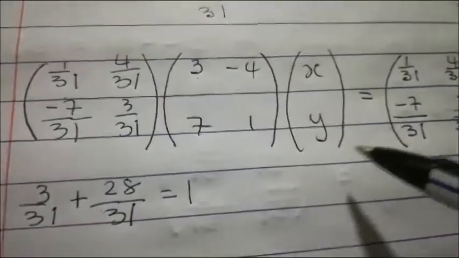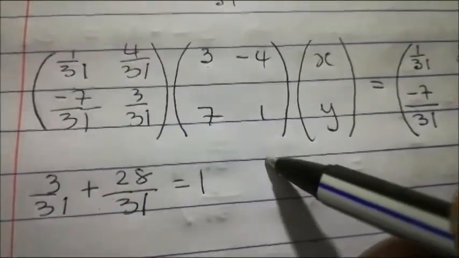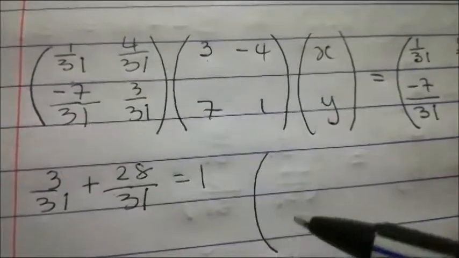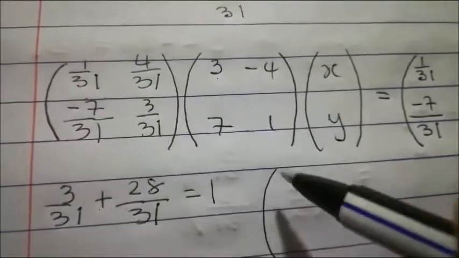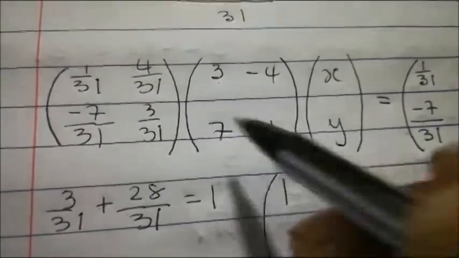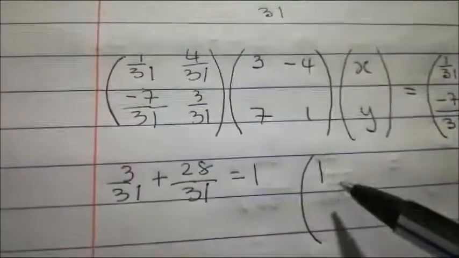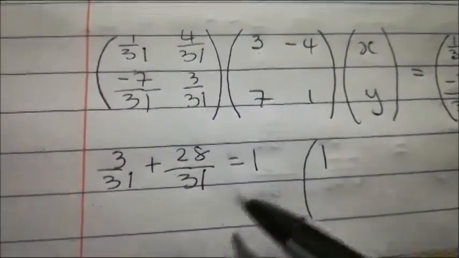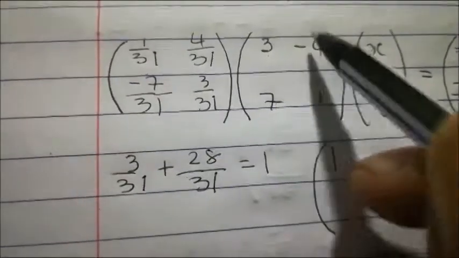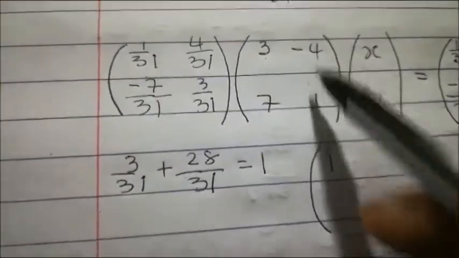So we see now basically that we're trying to create the identity matrix, because when you multiply the matrix by its inverse, you're going to get the identity matrix, right? So the first one is 1. We're going to go for this column now, right?